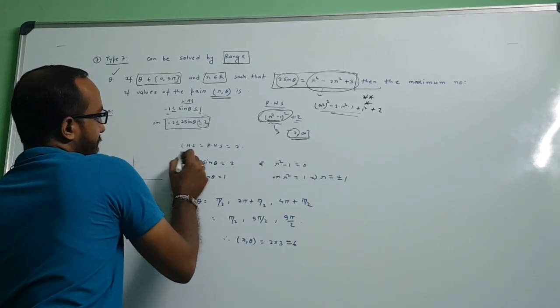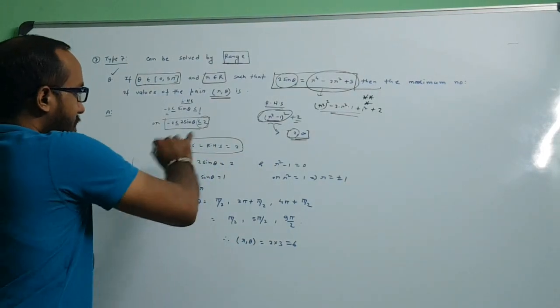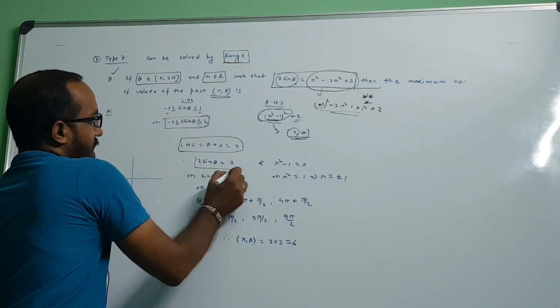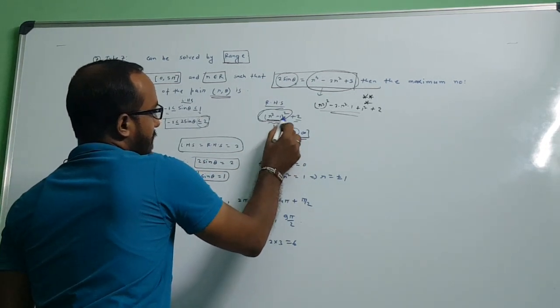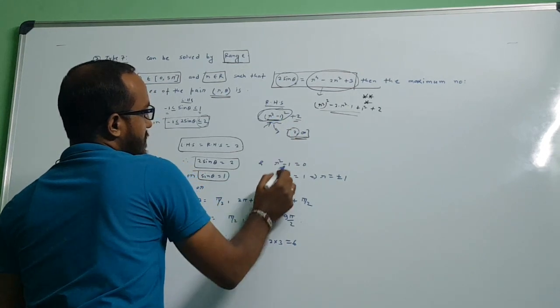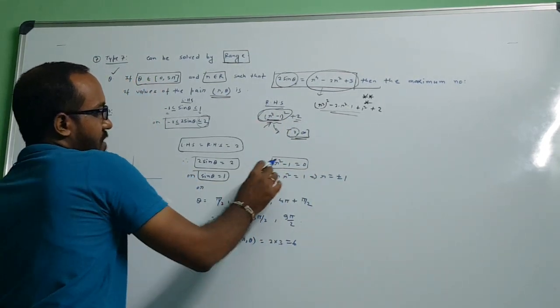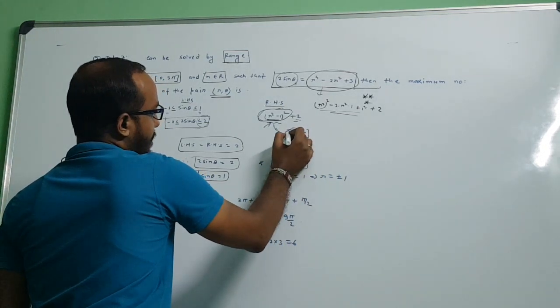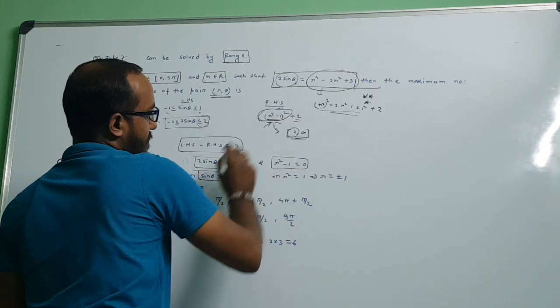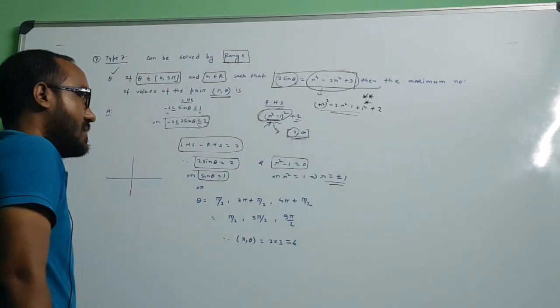If the left hand side has to equal the right hand side, then both values should be 2. So 2 sin theta equals 2, sin theta equals 1. And r square minus 1 is 0, because the square term has minimum value 0. So r square equals 1, r should be plus minus 1.